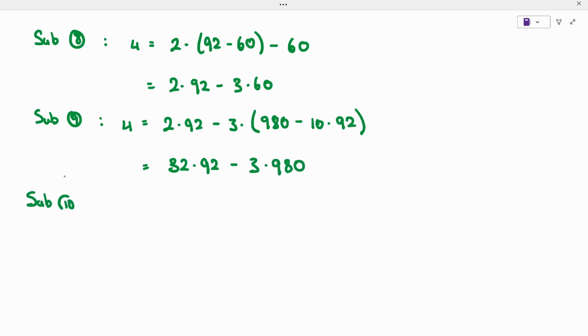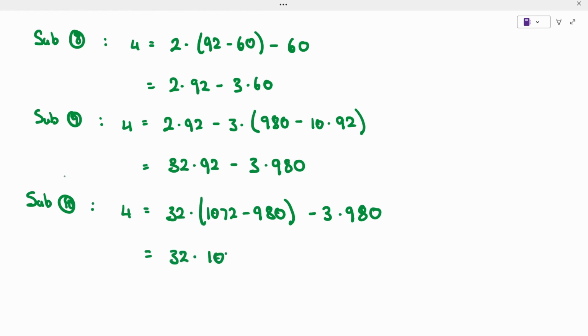If we use equation 10, we get that 4 is equal to 32 times (1072 minus 980) minus 3 times 980. So this gives 32 times 1072 minus 35 times 980.